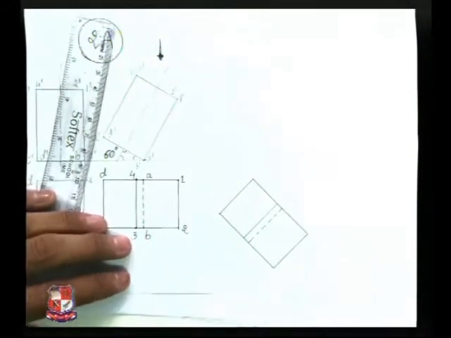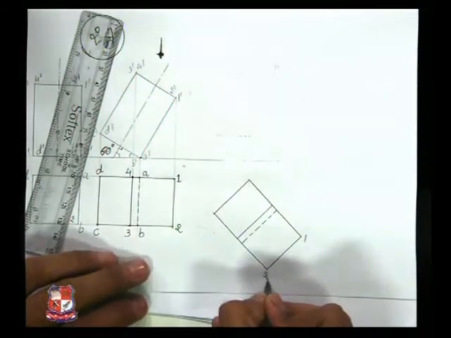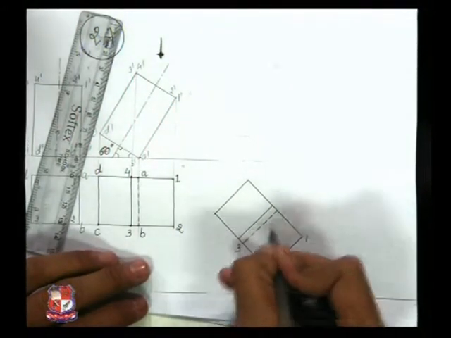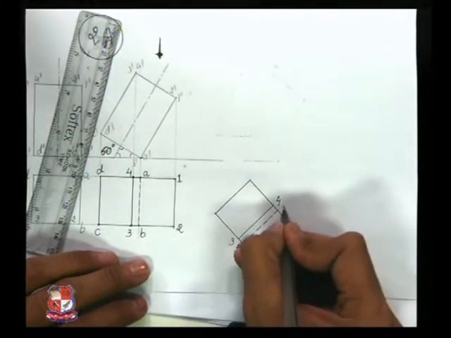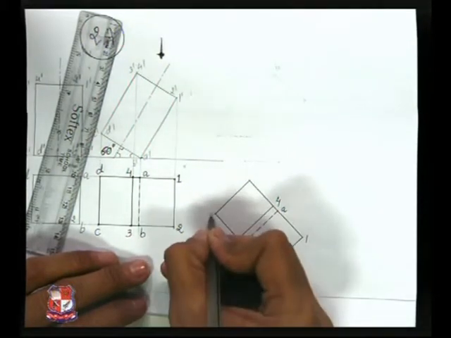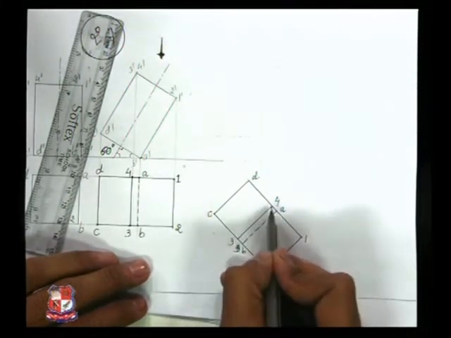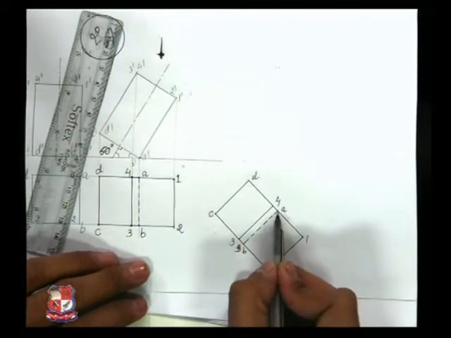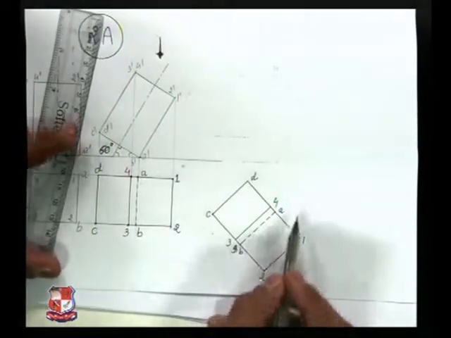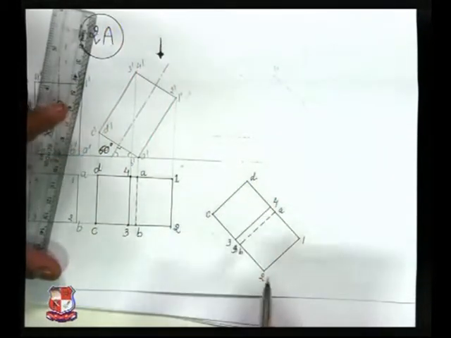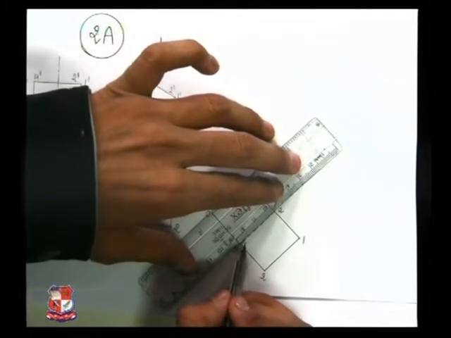So here is point number 1, 2, 3 and 4. 3 is here. Similarly point number A, point number B, C and D. So this is 1, 2, 3 and 4, and this is A, B, C and D. Just we have redrawn this top view over here such that this AB makes an angle of 45 degree with XY line.